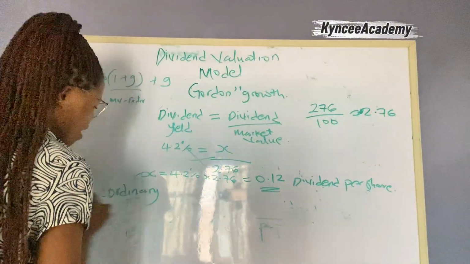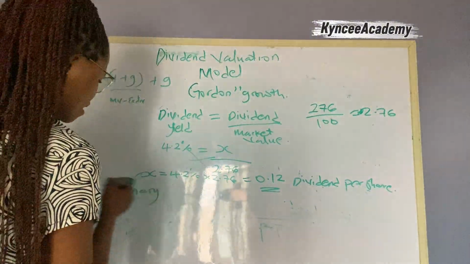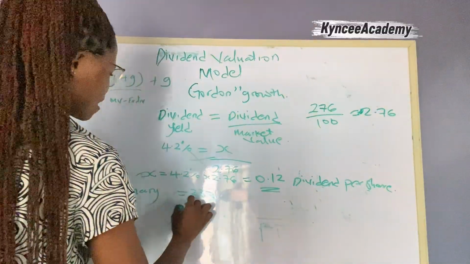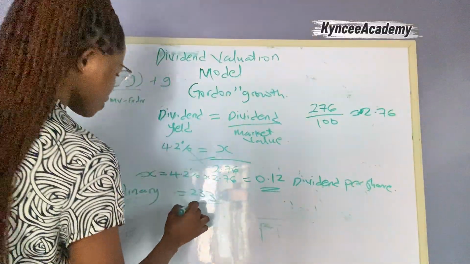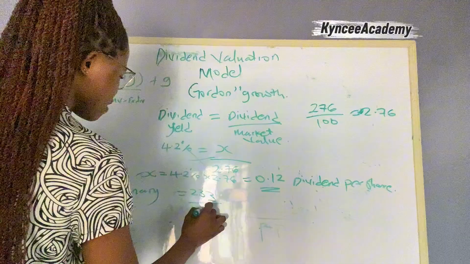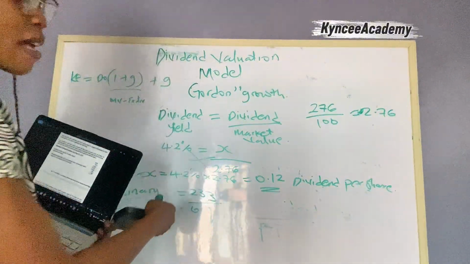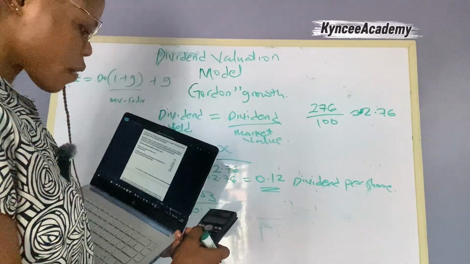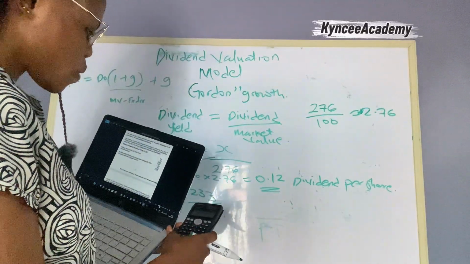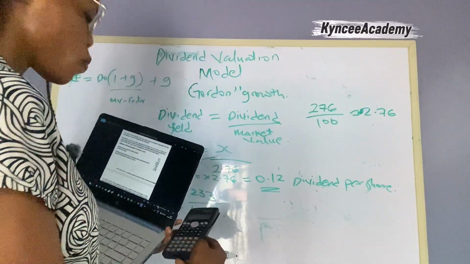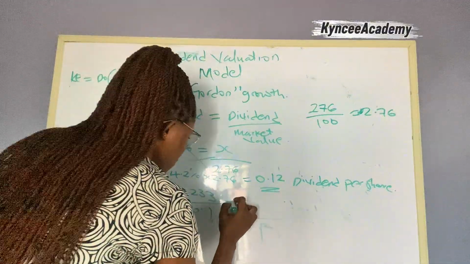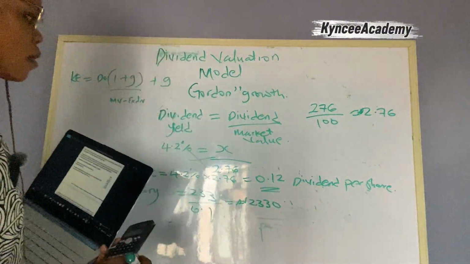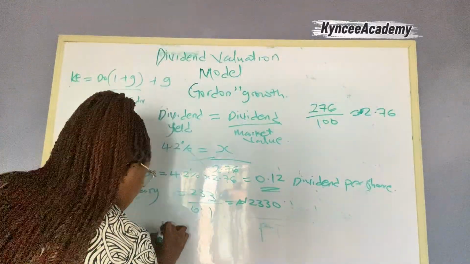Total ordinary shares equal to 23, they gave us in the question, divided by the nominal value. That is 10 kobo, so 23 divided by 0.1, which gives us 230.